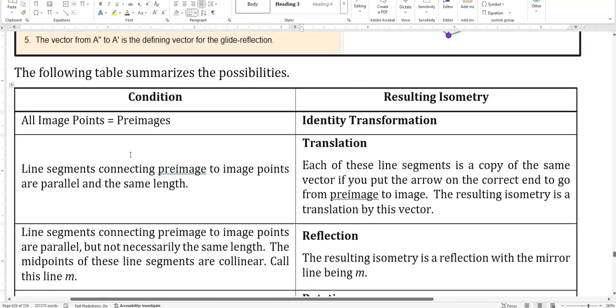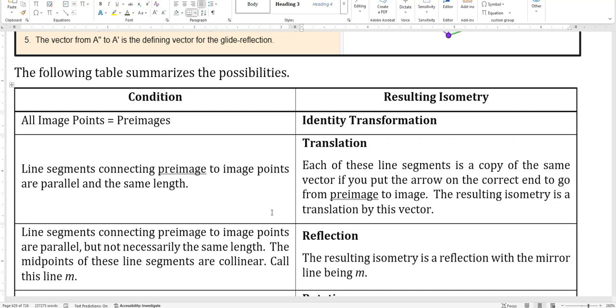Now, if more than one of these things happen at the same time, then there may be more than one transformation that will get you from one figure to the other. And certainly that can happen if the figure is too simple, like if there is just a line segment, you might be able to get there by, say, both a reflection and a rotation. Or if it's a single point, there's a whole bunch of different ways you might be able to get there.